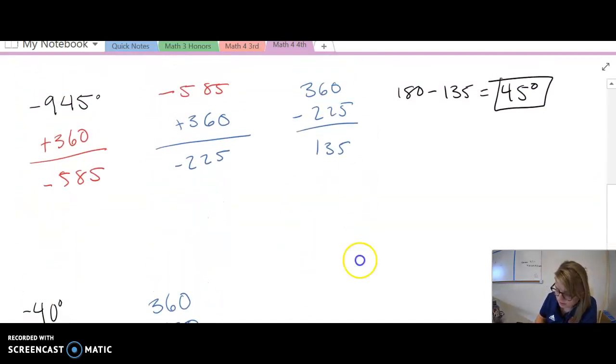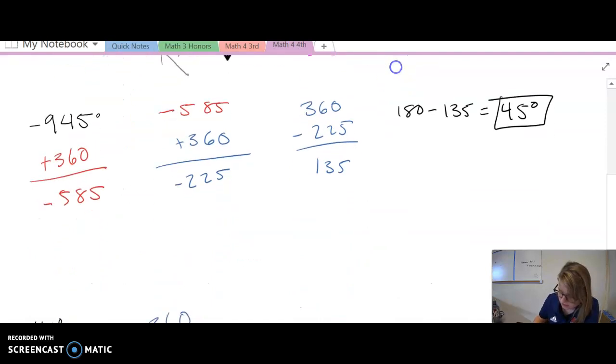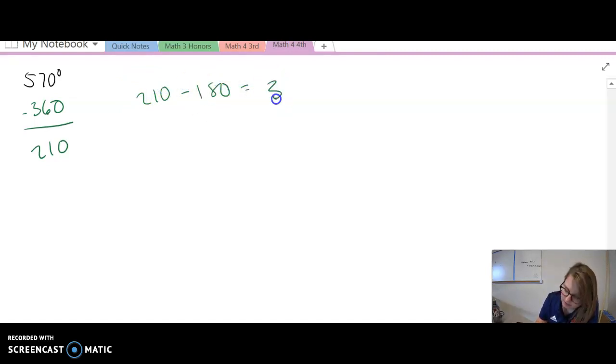So I'm going to go up here, find where it's in between. Well, 210 is in between 270 and 181, so our third quadrant. So we're going to do the angle minus 180. Notice how it says angle minus 180. So we're going to do 210 minus 180, and that's going to be 30 degrees. And so that's my reference angle.